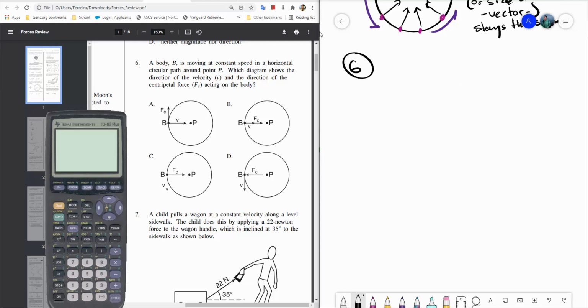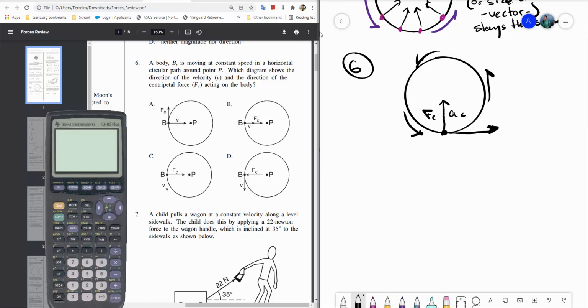If I'm moving counterclockwise, because I like going counterclockwise, my velocity is tangent. And my force and acceleration are always pointing towards the center.